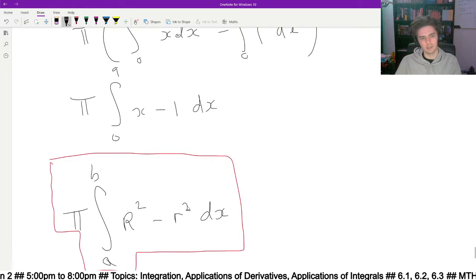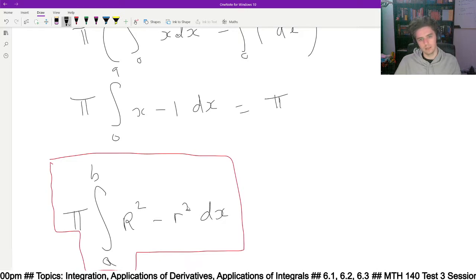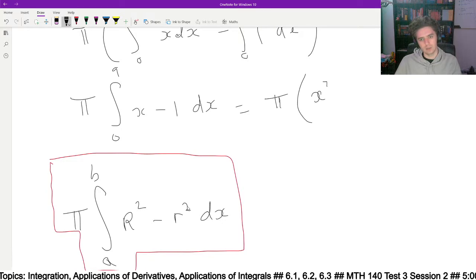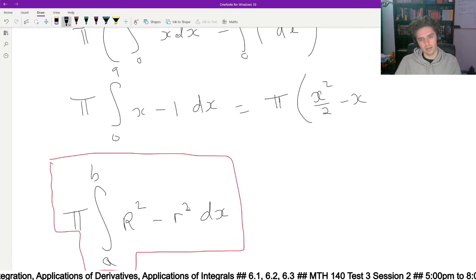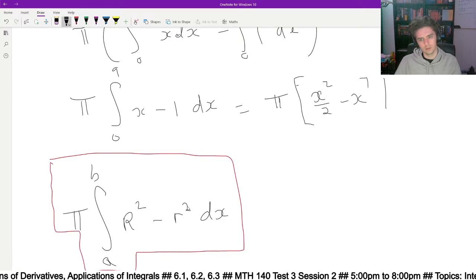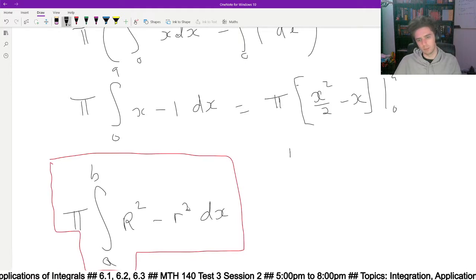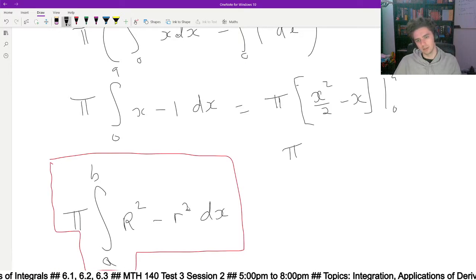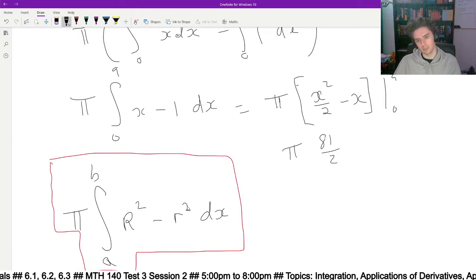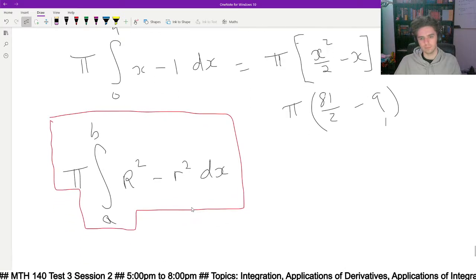And now I'll just evaluate this integral. So to evaluate this integral, it'll be pi times x squared over 2 minus x evaluated from 0 to 9. So it's going to be pi times, so this is again 81 over 2. That's what I said before, right? It's the original volume minus 9.